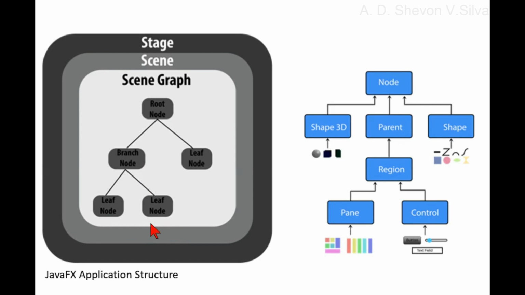Each of the nodes present in the scene graph represents the classes of the javafx.scene package. Therefore, we need to import the package into our application in order to create a full-featured JavaFX application. Class Stage.